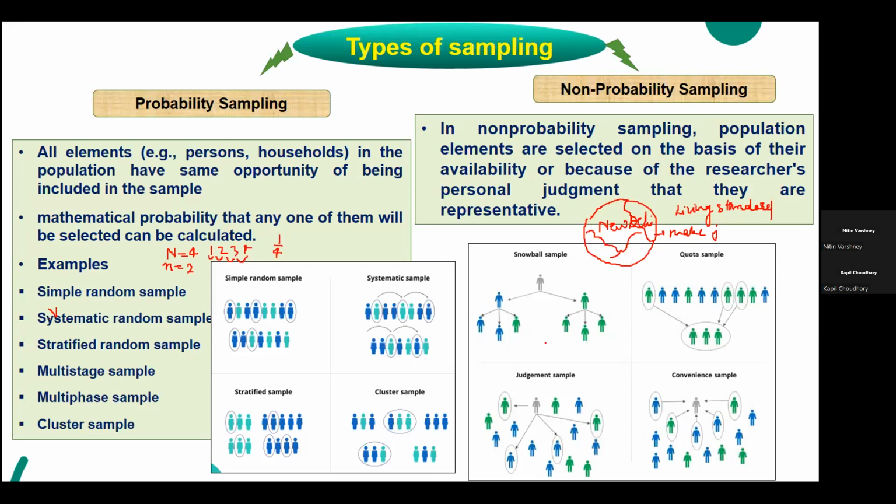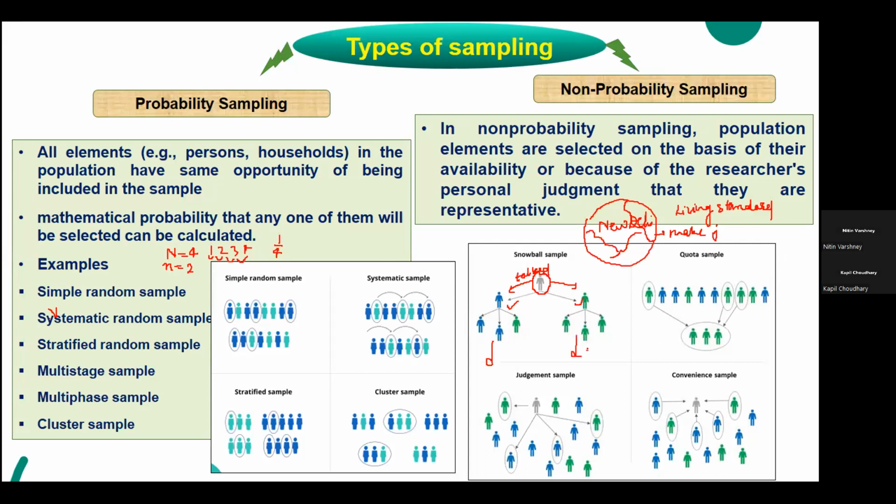Likewise, judgment sampling is also there, in which we select the samples on the basis of personal judgment. Another is snowball sampling. Suppose this is me, I have selected two persons, I have talked to them, and I have told them to select two or three more persons. So they will select three or more persons.